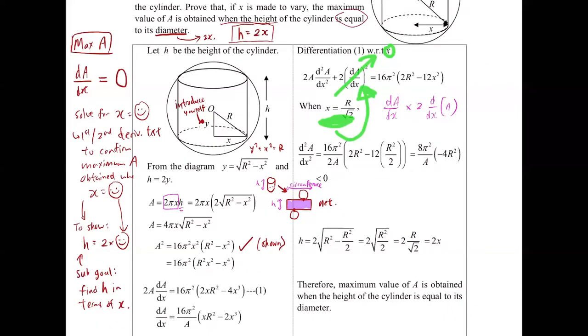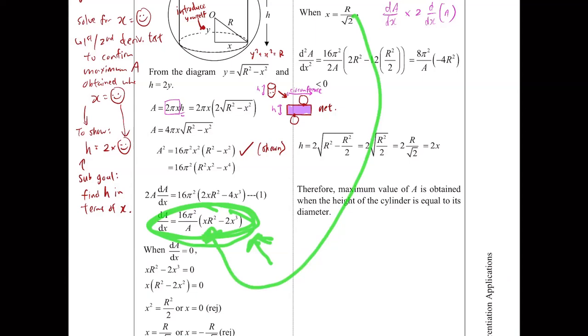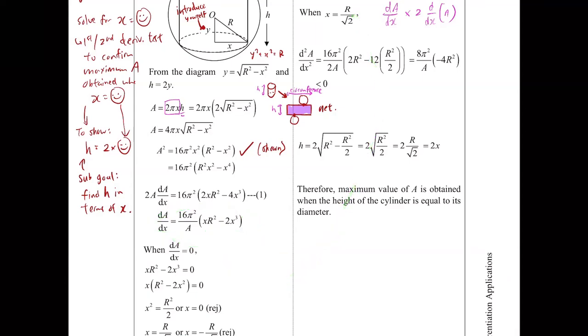I know there's an expression over here for dA by dx. Please don't go and sub in the x equal r over square root 2. You end up with a 0, which means you're wasting time. You can go and sub in the x equal r over square root 2, but you end up with a 0. Don't do that. Waste time. Right? Understand? Okay.